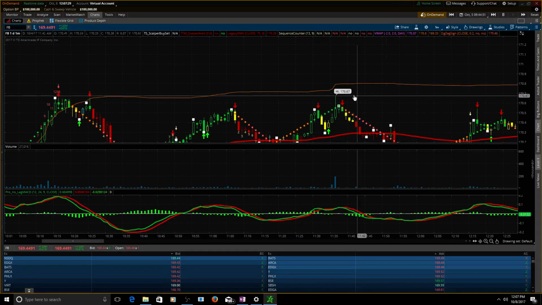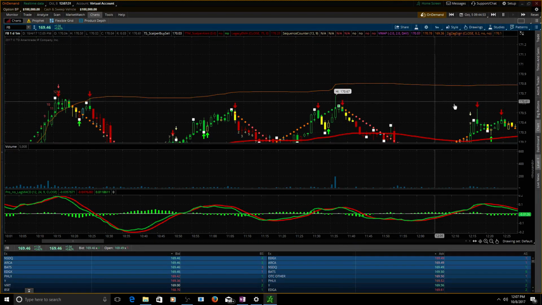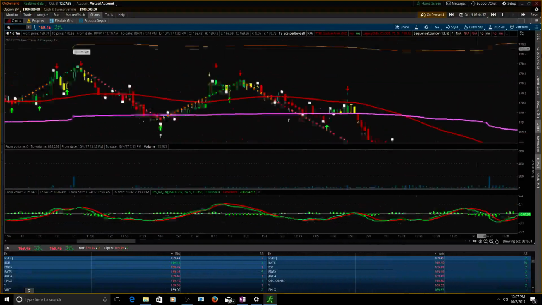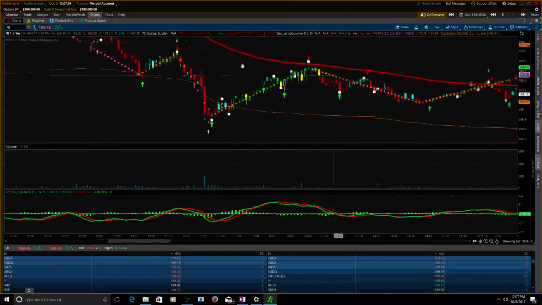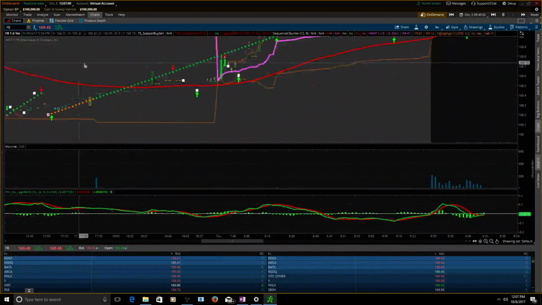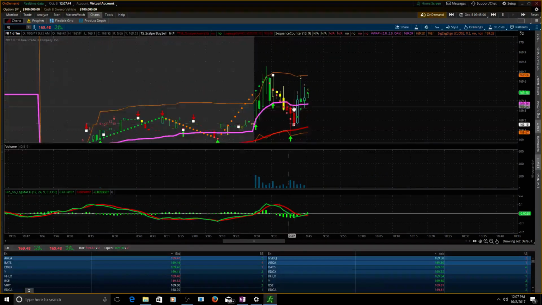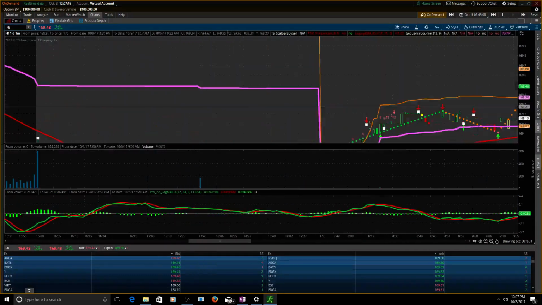It's at 170.67, the high of the day right there, and we're still at 944.54. But I drew my Fibonacci a trading day before, so this would not be accurate.